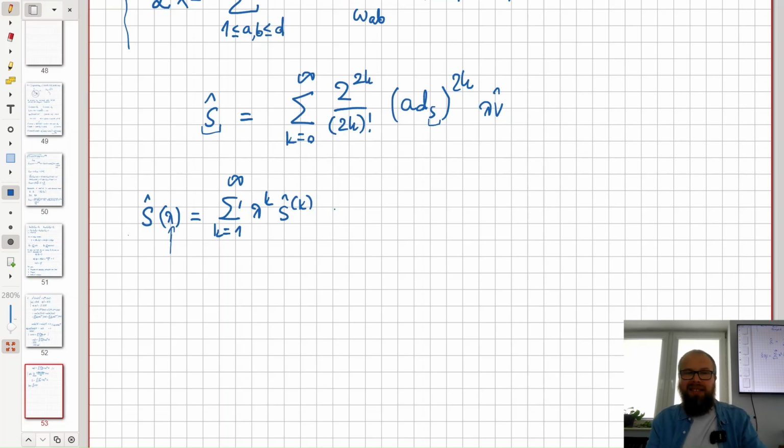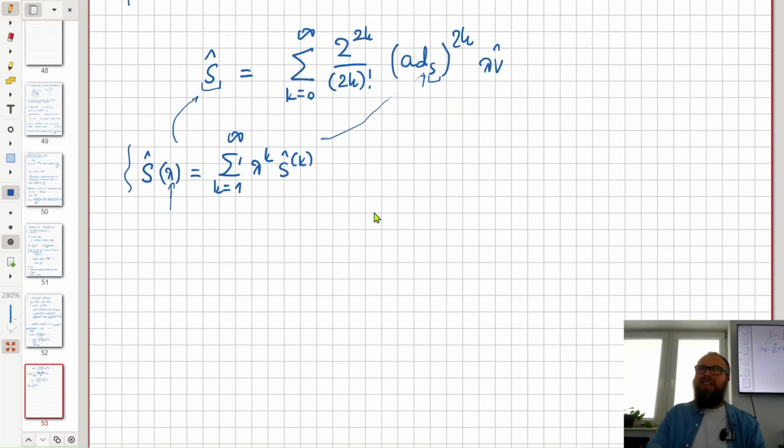Now we take this, cram it in here and here, and compare terms of the same order in lambda, like we did before. When we do that, we get our iterative solution, basically. We get our procedure. Once you do all this, you get that S1 will be equal to this L acting on lambda V.